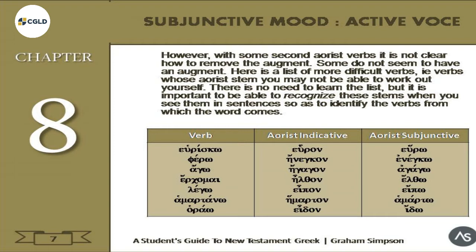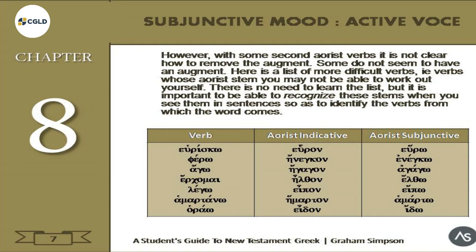There is no need to learn the list, but it is important to be able to recognize these stems when you see them in sentences so as to identify the verbs from which the word comes.